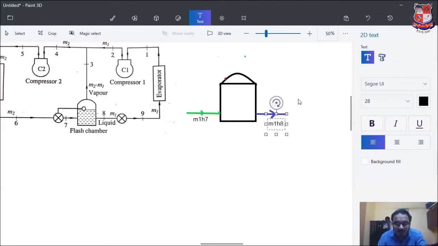See, this is a very important portion of our derivation, so better you understand this in detail. Okay, then here we have M2 minus M1 vapor at condition number 3.